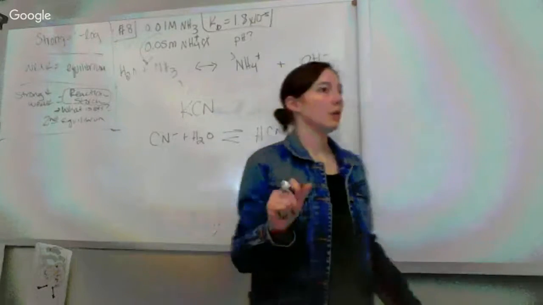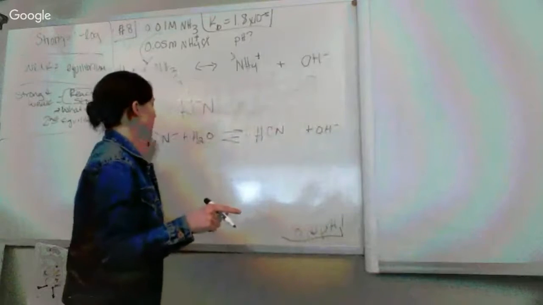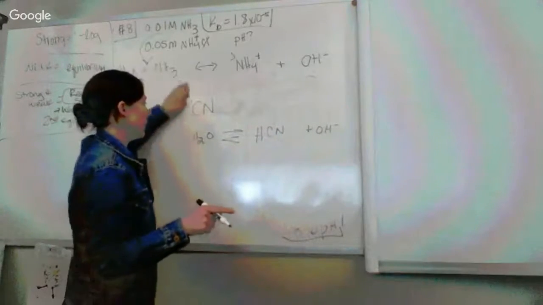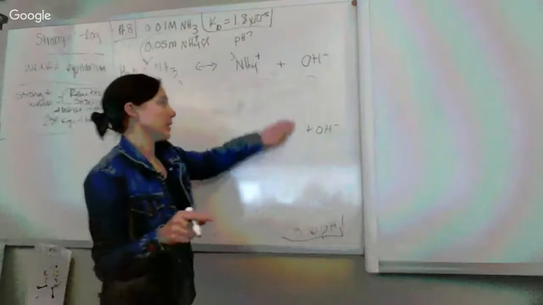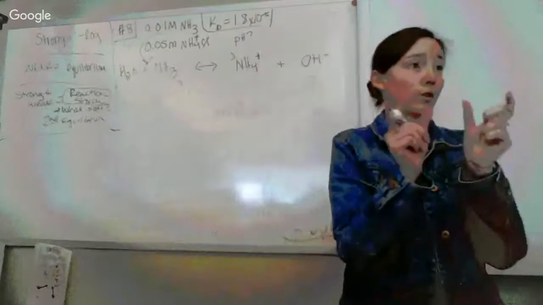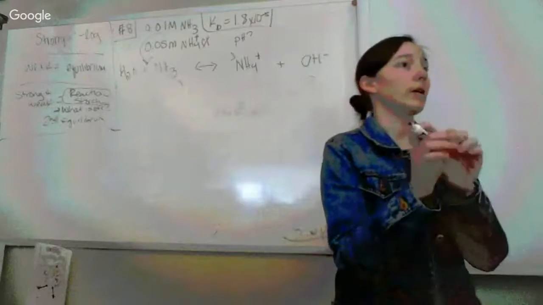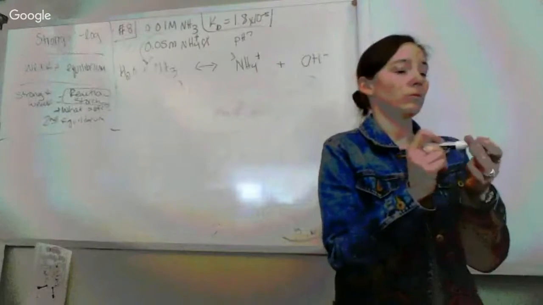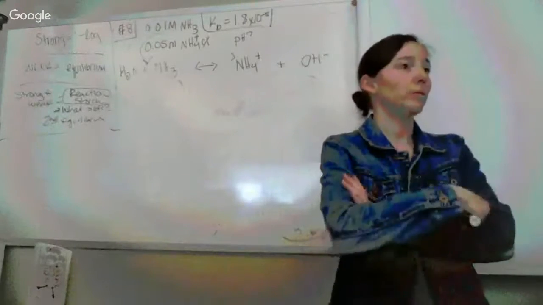Are we going to have to know that? Well, that's what we were just talking about with the buffering capacity. And knowing it is important to recognize that the strongest buffer is going to be the part where your concentrations are as close to the same as possible, if not the same. So, I mean, I guess it's possible.